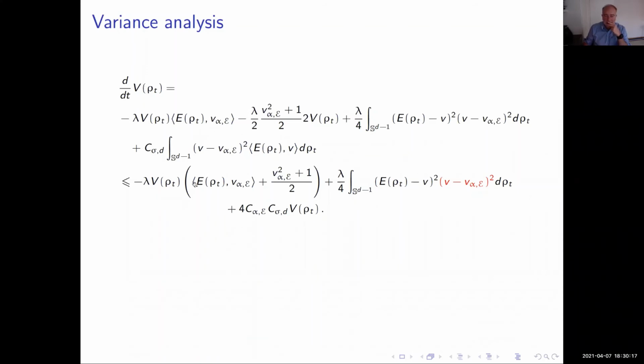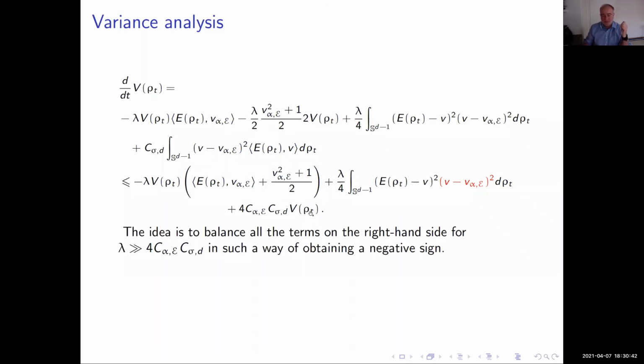After some massaging of the equation and proper estimation, what you get is that the variance will go like minus lambda times the variance itself, plus some positive constants. So the idea would be to try to balance the difference between these two terms so that you can gain a negative sign, and show, in a certain sense, the exponential decay of the variance to 0.